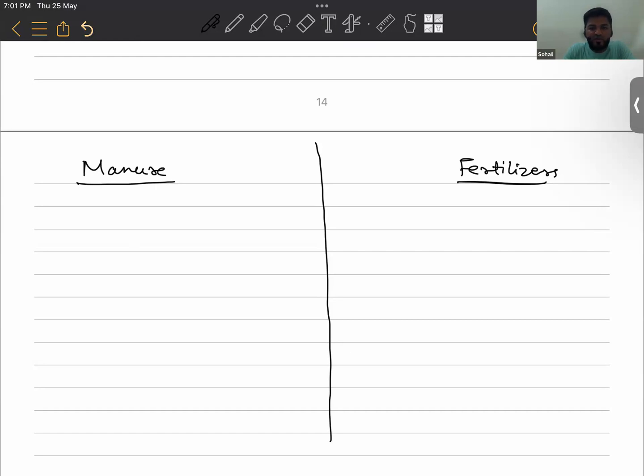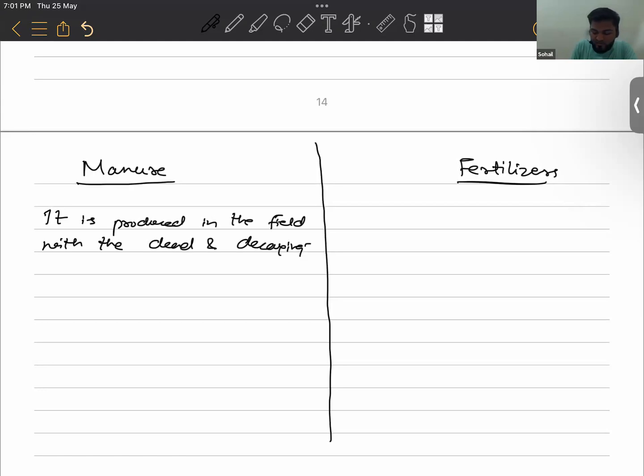Basically you can say that whatever farm waste is produced is used for the preparation of manure. So we say that manure is produced in the field with the dead and decaying farm wastes. And what are those farm wastes?